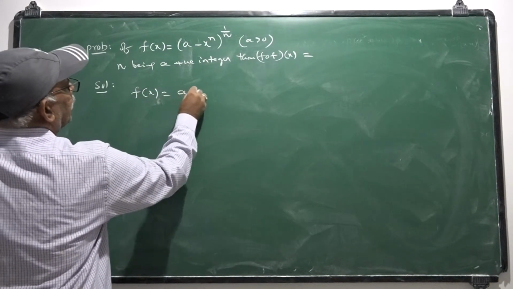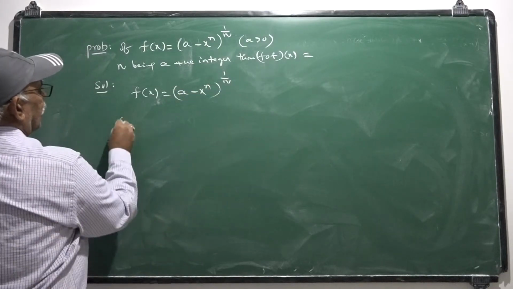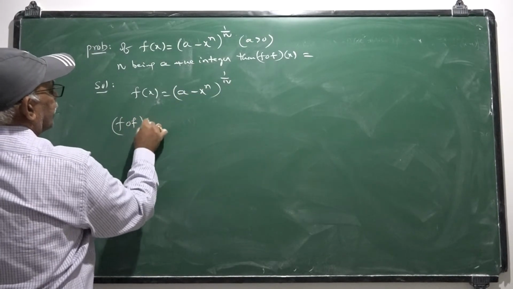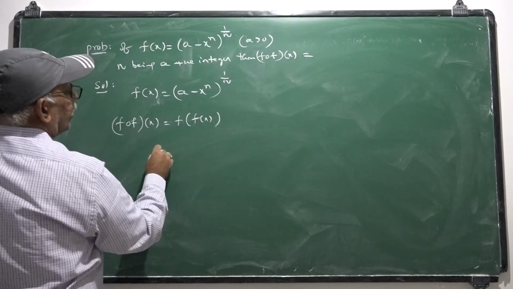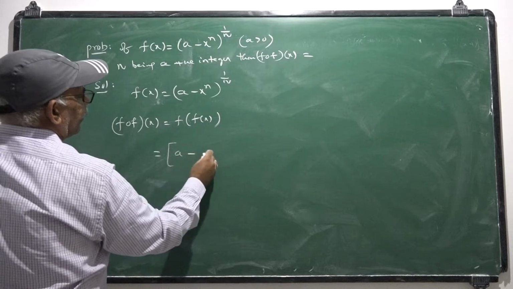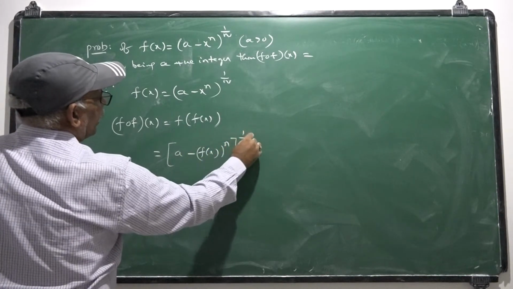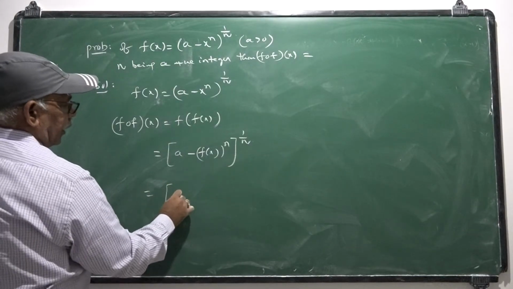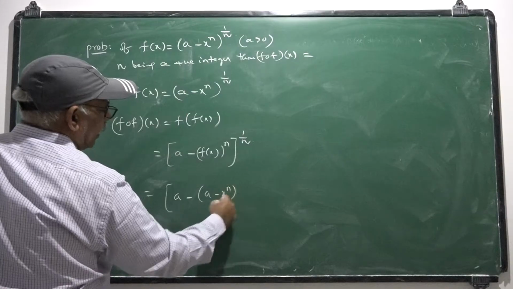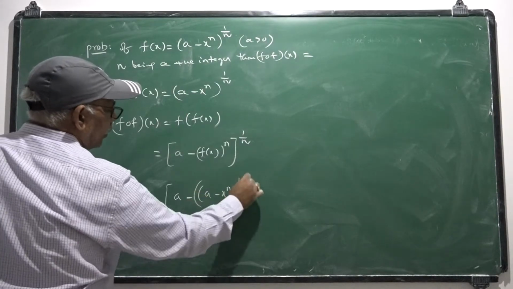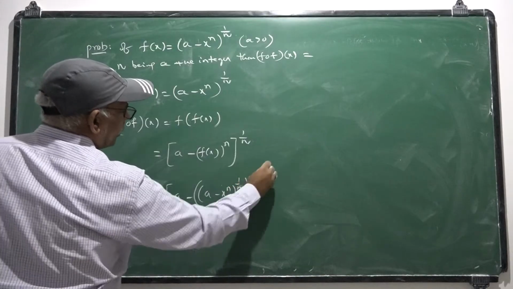Here f(x) is (a minus x power n) whole power 1 by n. F circle f of x is f of f(x), that is (a minus f(x) power n) whole power 1 by n. That is a minus f(x), where f(x) is again (a minus x power n) power 1 by n.